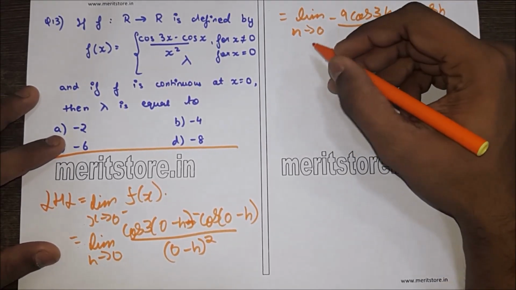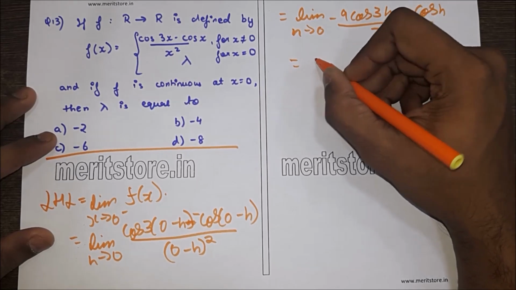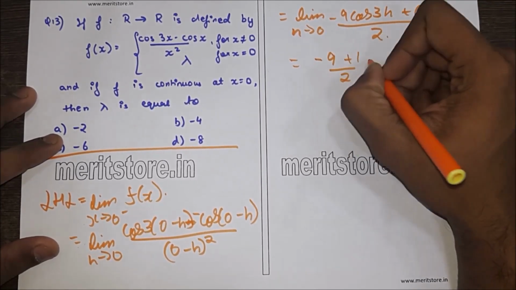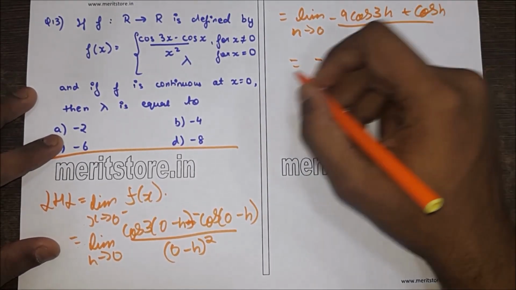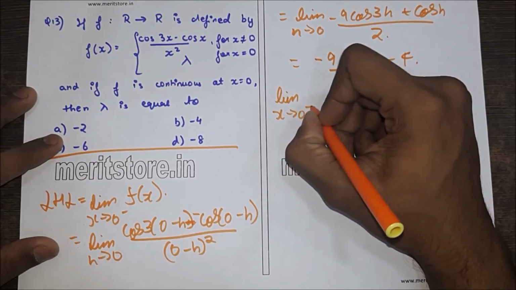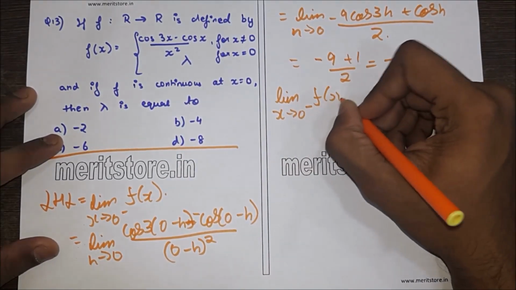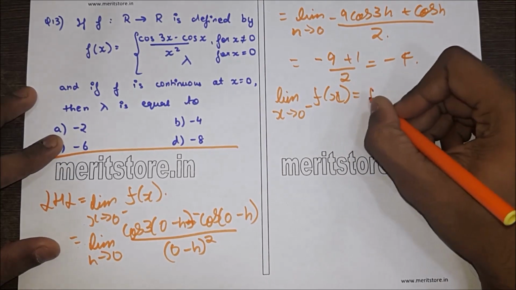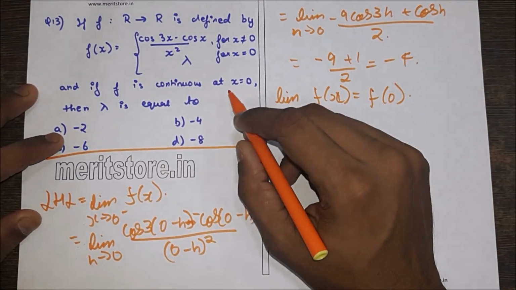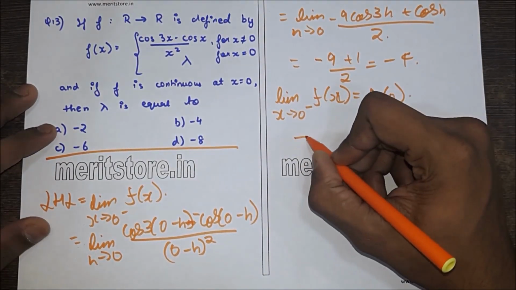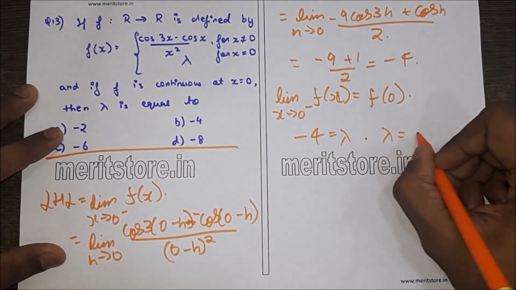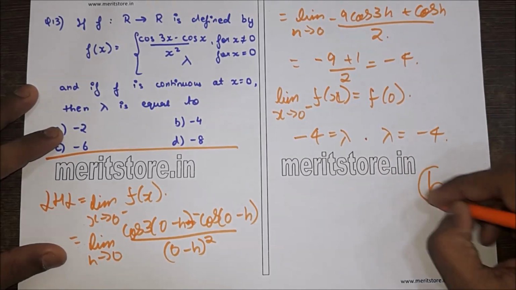By using L'Hopital's rule, we could now write this equals minus 9 plus 1 by 2, which is equal to minus 4. So from this we could say limit x tends to 0, left hand side, f of x is equal to f of 0. Therefore f of x is continuous at 0. Now from this we could write minus 4 is equal to lambda, or lambda is equal to minus 4. That is option B.